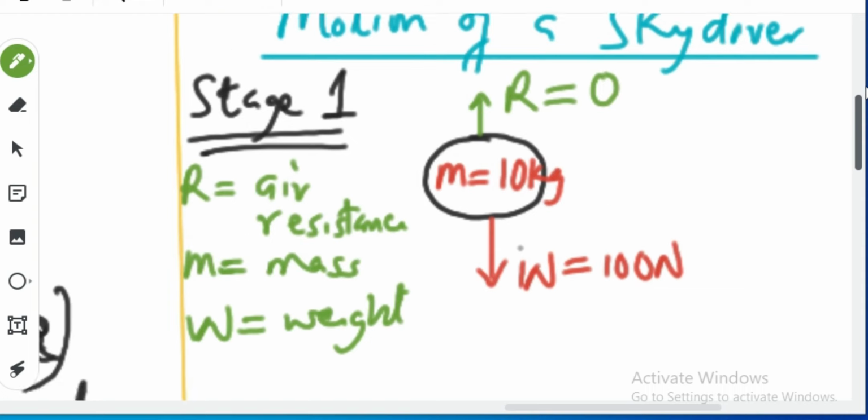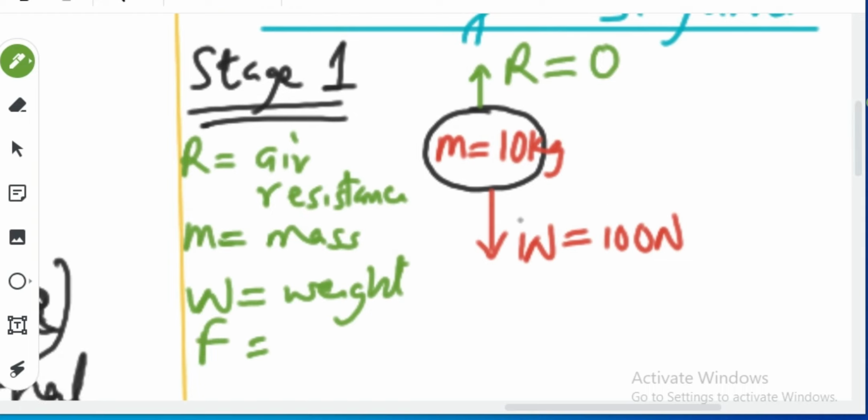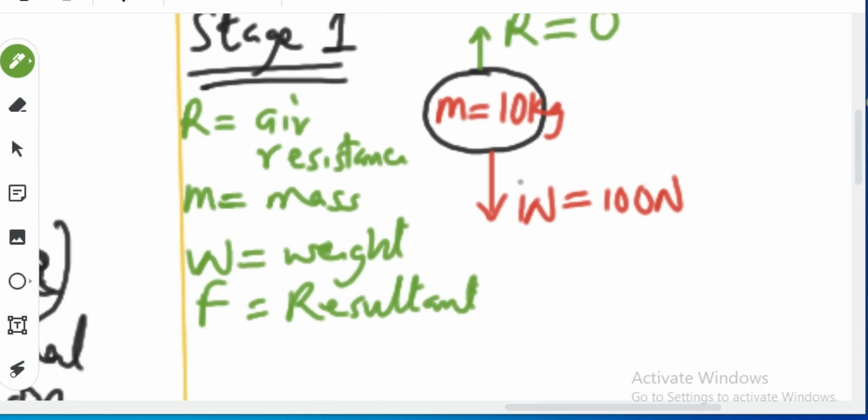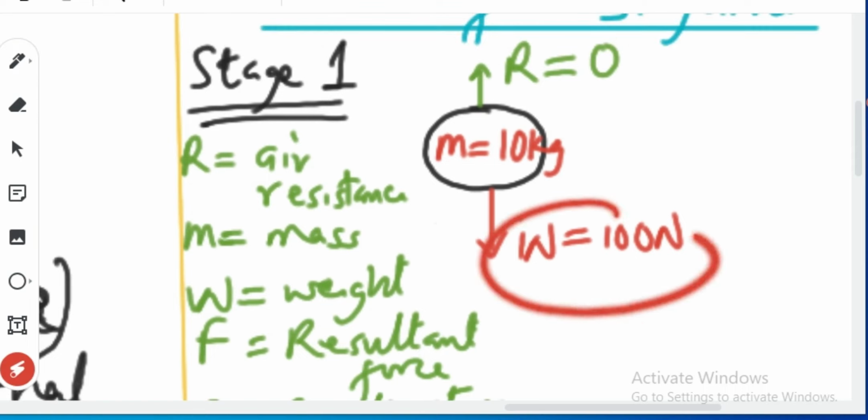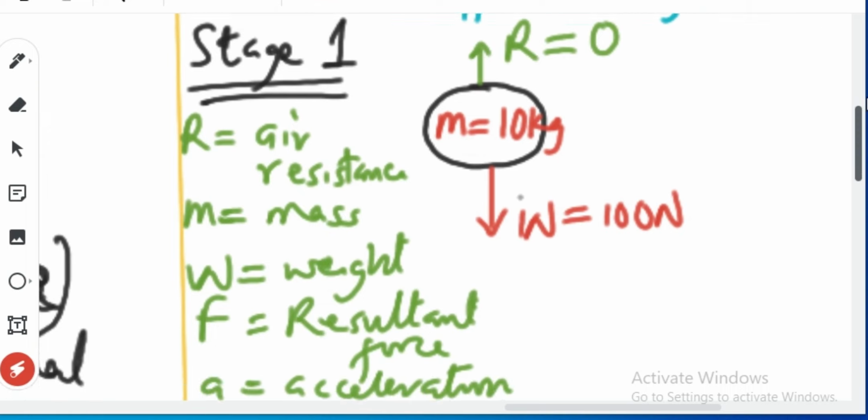Now let me introduce F. F will now be the resultant force. You already know that A stands for acceleration, isn't it? You know how we find W from mass?